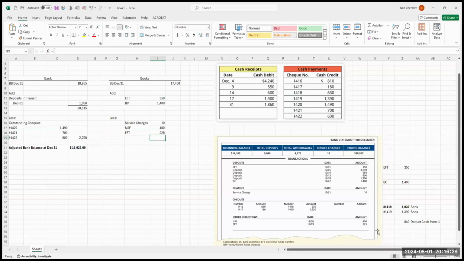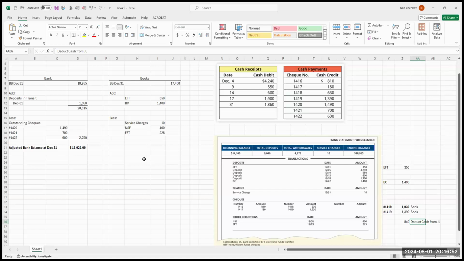The last thing that we have to deal with was the check and the mistake with the check. Since we are the ones who made the mistake and deducted less money than we were supposed to deduct, we deducted $540 less from our cash payments.